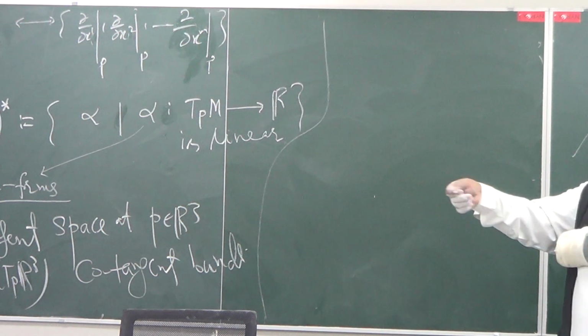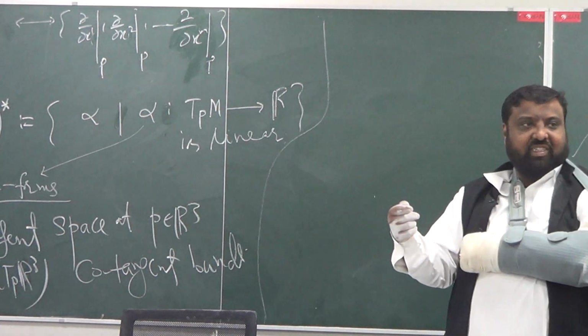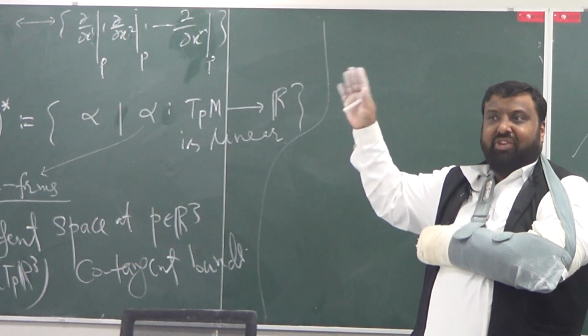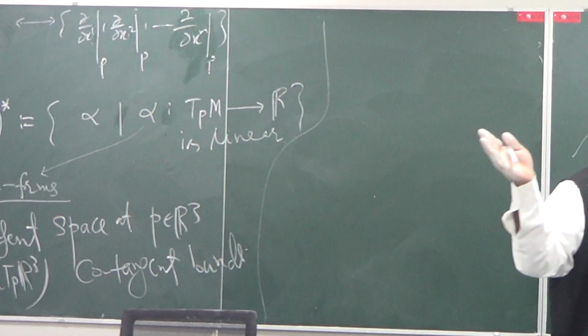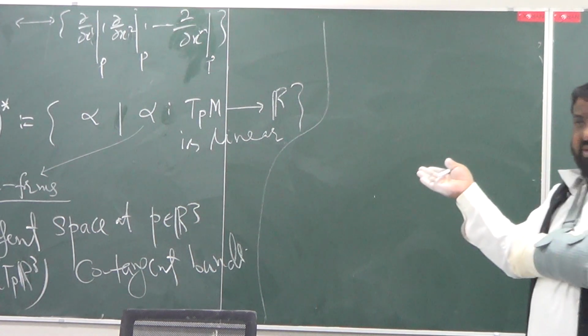In other words, these are linear maps. And if these are linear maps, think about it: there's a whole rich theory of linear algebra sitting behind. You know everything about them. So if you treat differential as something linear, then you are not talking about something vague.